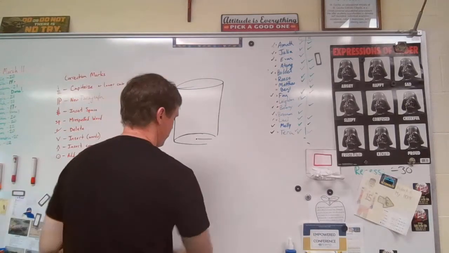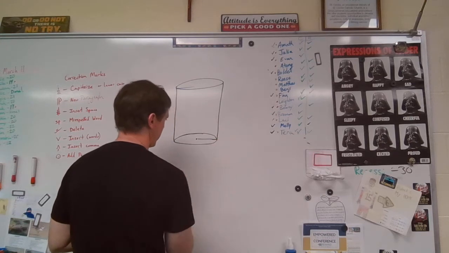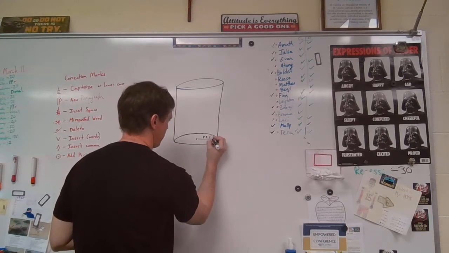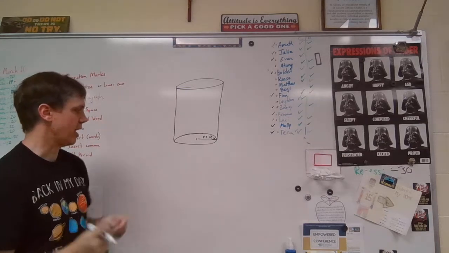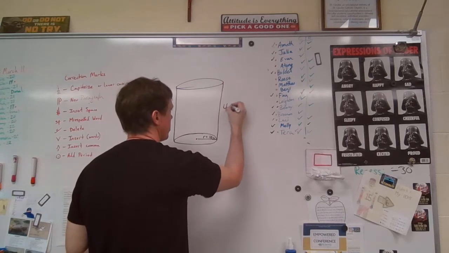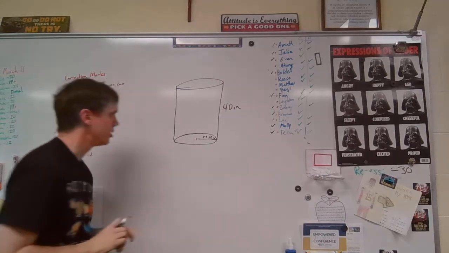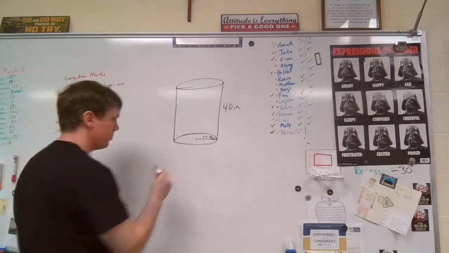So let's say I'm going to pick a real easy radius. So we're going to say the radius equals 10 inches. All right. So if a radius is 10 inches, that's pretty short. Let's say 1, 2, 3, 4. We'll say this is 40 inches. Okay. So with that little bit of information, we can figure out what the volume of the cylinder is.